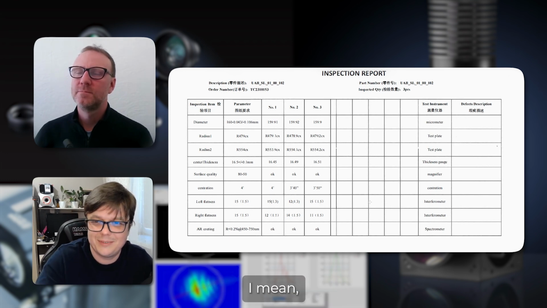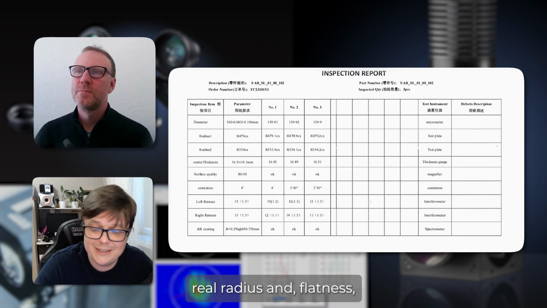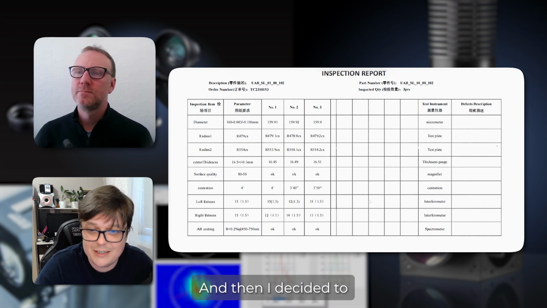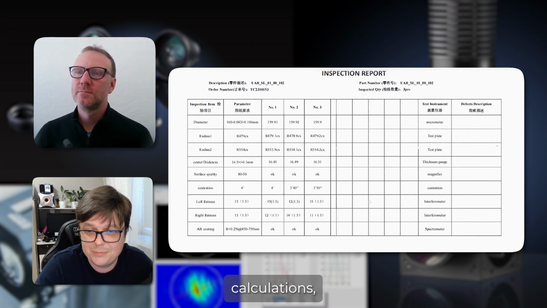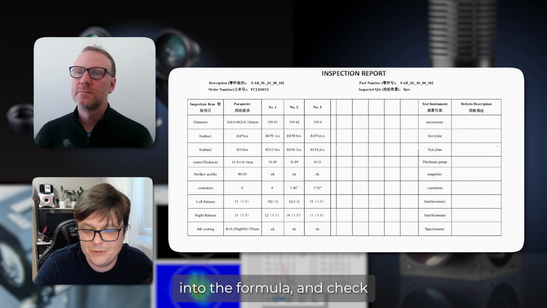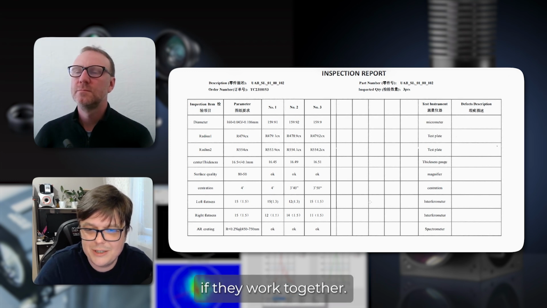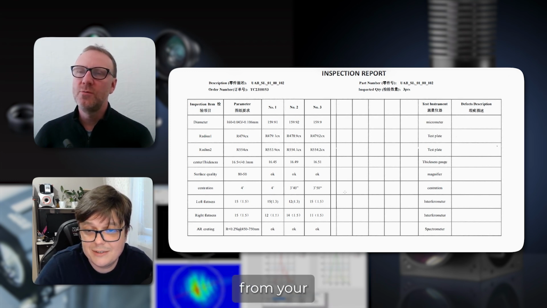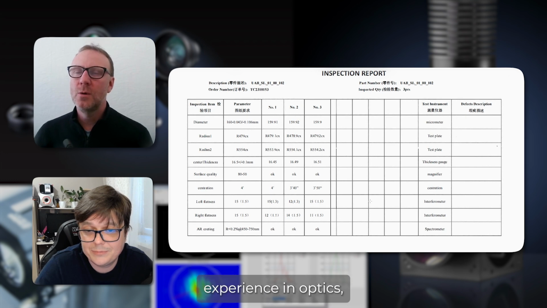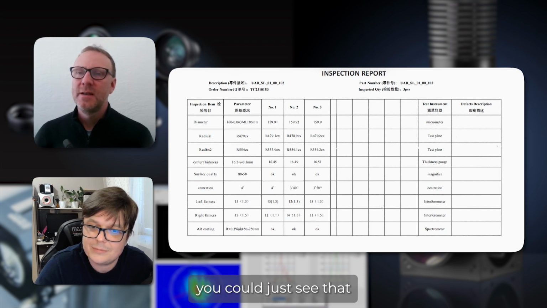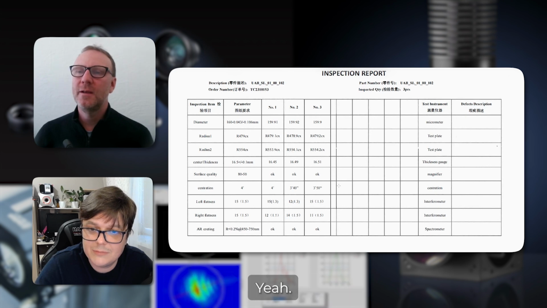I mean, real radius and flatness tolerances. And then I decided to make additional calculations, put all these numbers into the formula and check if they work together. So you just knew from your long work experience in optics, you could just see that something was a little bit wrong, and then you tested it. Okay, great.